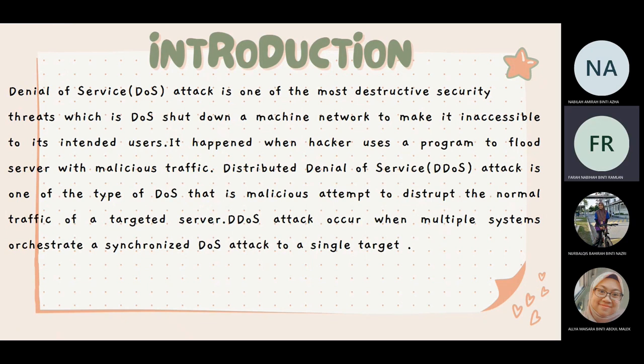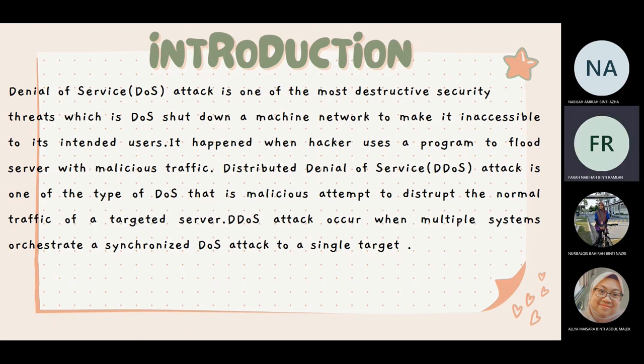Okay, for the introduction, first thing first, we need to know the denial of service, which is the DoS attack. DDoS is one of the types of denial of service, DoS, which is one of the most destructive security threats, which is to shut down a machine or network to make it inaccessible to its intended users.